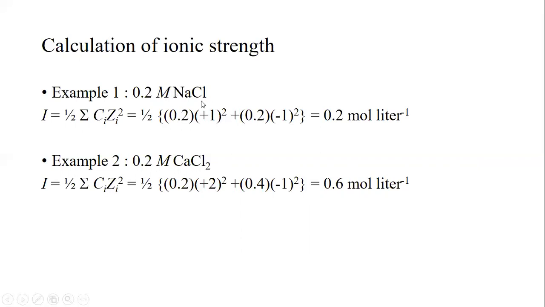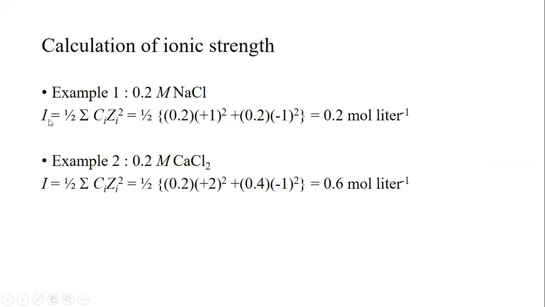Plus, this is the first ion, sodium, then you open parentheses. Opening and closing the parentheses is extremely important so that you don't make mistakes with the addition and multiplication. So you have 0.2 molar for chloride, chloride is -1, between parentheses, squared. So you add them up and it becomes 0.2 mole per liter.